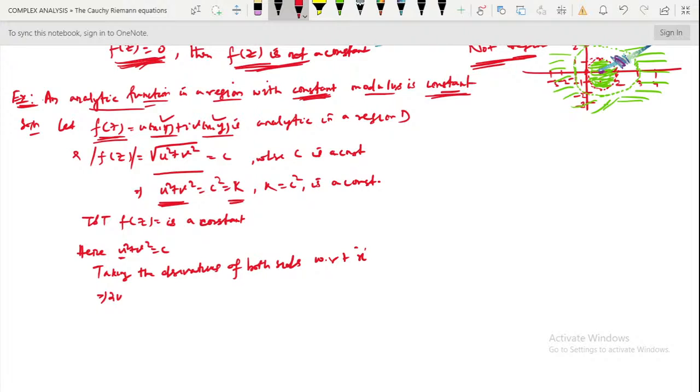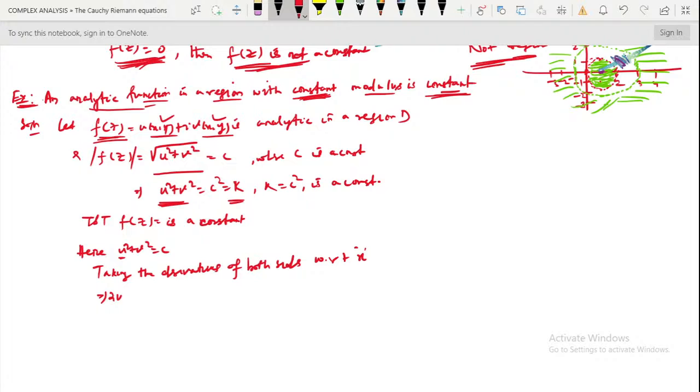If you add these two things, what will you get? This will be u squared ux minus uv uy plus uv uy plus v squared ux, and the right side will be 0. So this will be only (u squared plus v squared) ux equals 0.